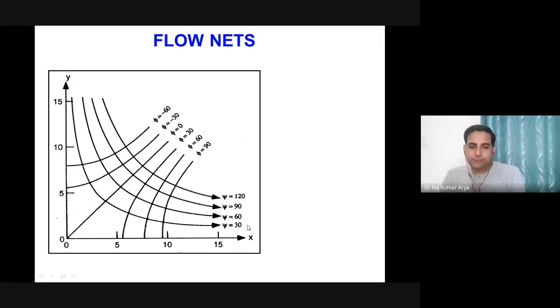Based on this streamline flow pattern, what type of flow is it, where is the surface and in which direction are we moving? Anything from your side? Any answer?